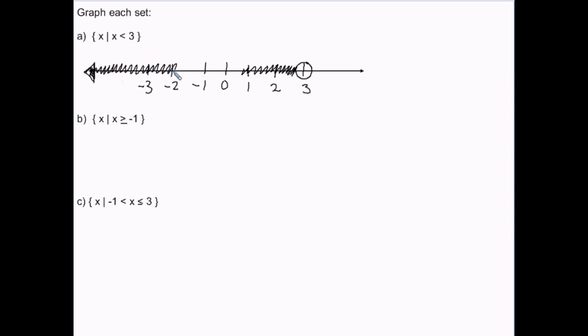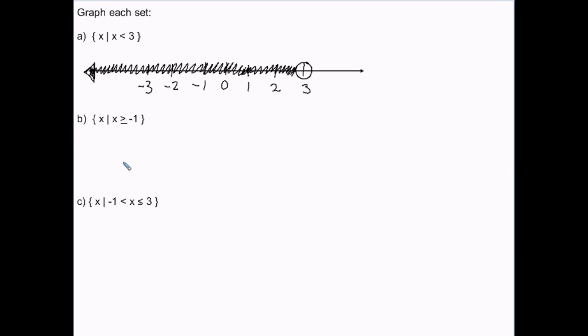Get a ruler and draw a nice straight line, and then start putting numbers on there, about the same distance apart. And then graph x < 3, so I'm going to have an open circle on 3, and everything less than is over here. So I'm going to shade all of this.